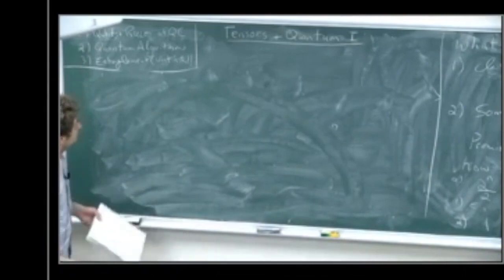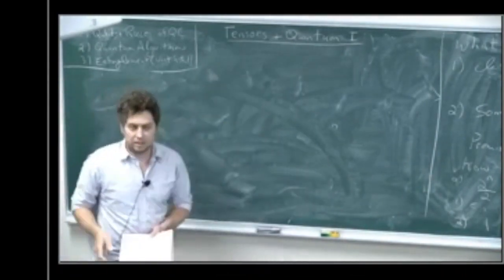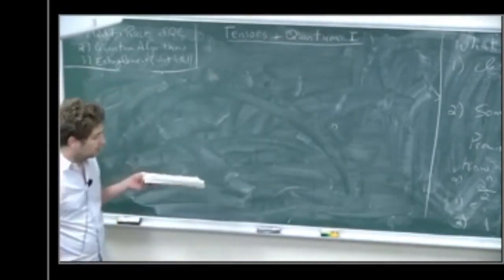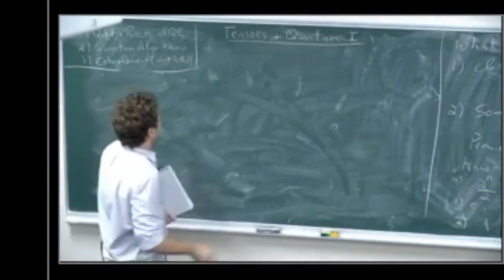Okay, first I have to tell you how we're going to query the function. Well, it's got to be in the form of some unitary because the dynamics in a quantum computer are always unitary, so if I'm going to be querying the function on my quantum computer, I better have a unitary.